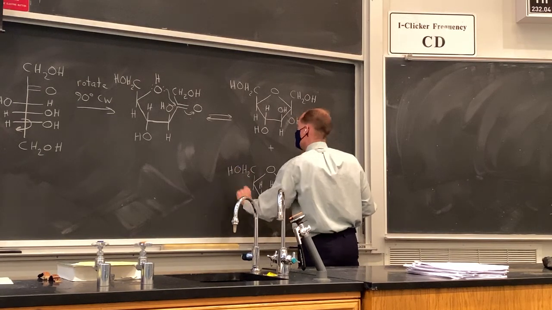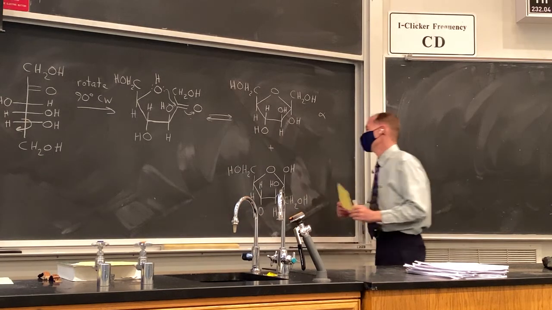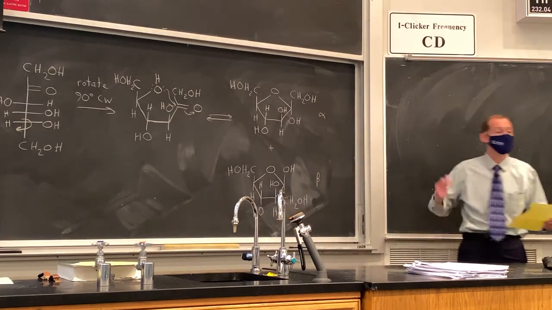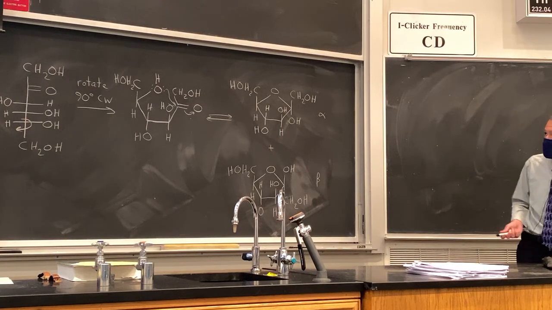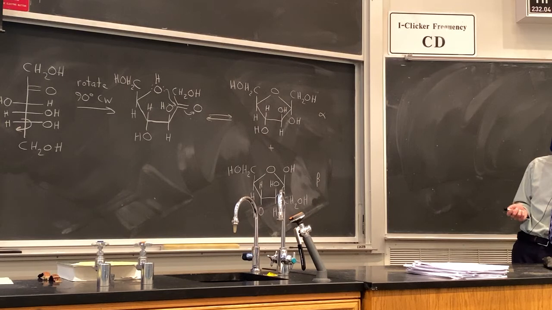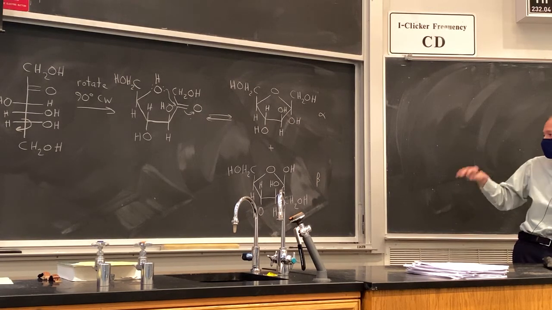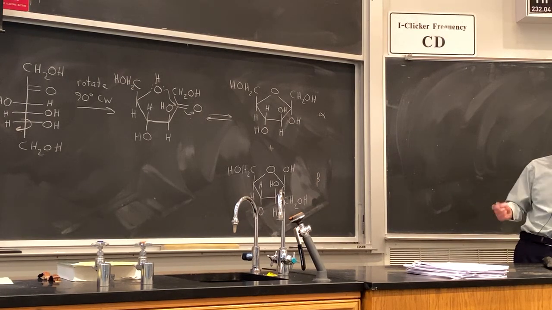And indeed, that 6-membered cyclic hemiacetal is more stable than the 5-membered cyclic hemiacetals. Not by as much as it is for ribose. In ribose, it's about a 3-to-1. It's about 75 to 25. In fructose, it's about 60-40. 60% of the pyranose, or the 6-membered cyclic hemiacetal, about 40% of the 5-membered.